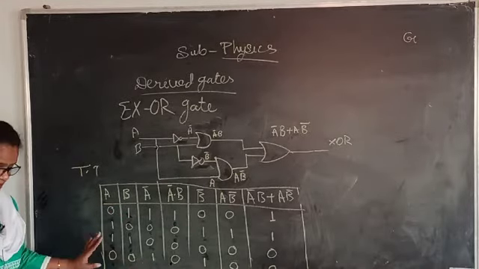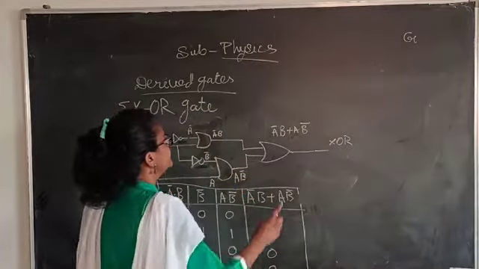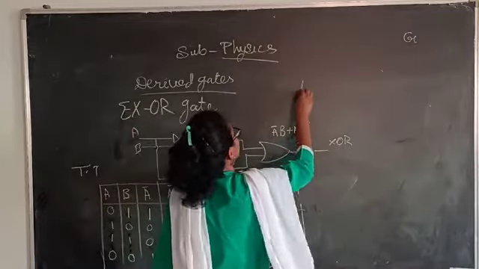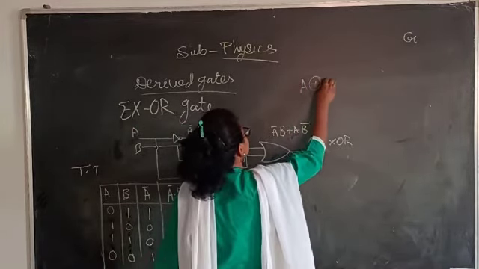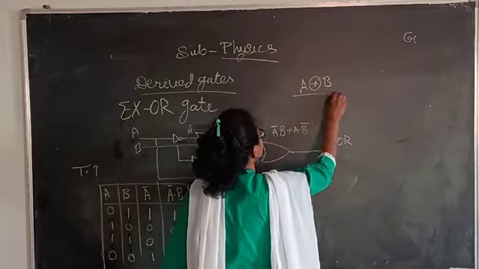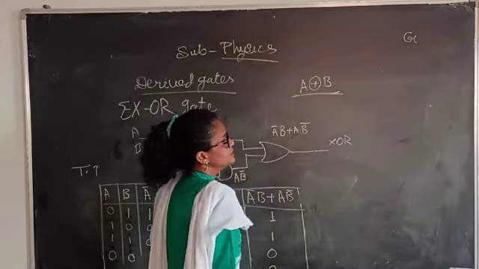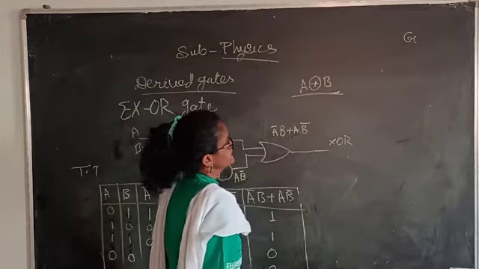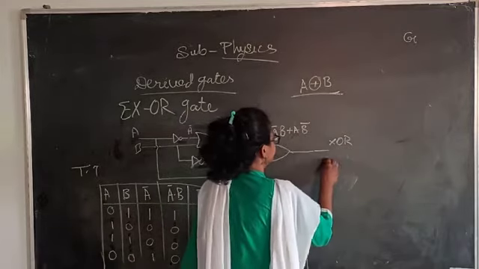So this conclusion we are going to jot down. Even we can write this XOR as A circled plus B. This is also we can write for XOR gate. So let us jot down some of the points.